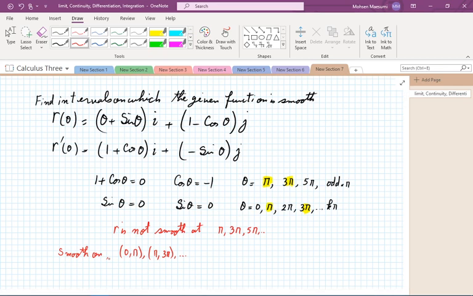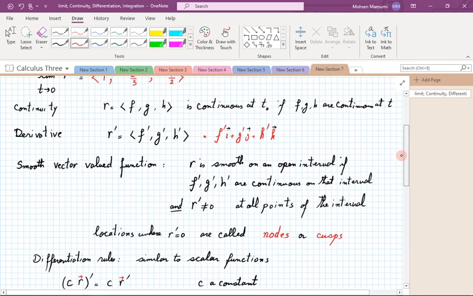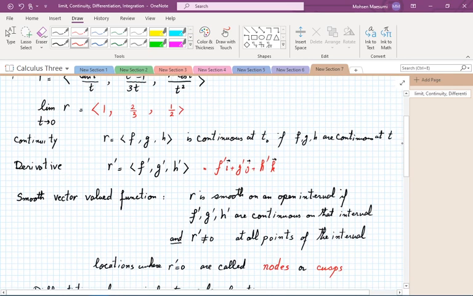Okay, so many questions on this section are all straightforward: addition, subtraction, multiplication, division, differentiation, or integration. I forgot to give any statement about integration, but again, if you want to integrate r, let me write it here. It's simply the integral of f, integral of g, integral of h, each of them having its own separate constant.